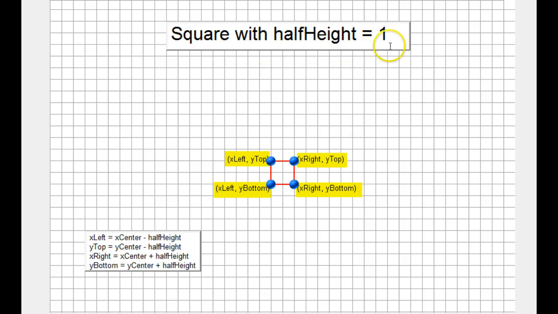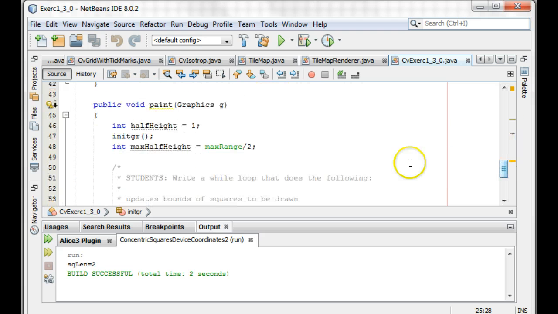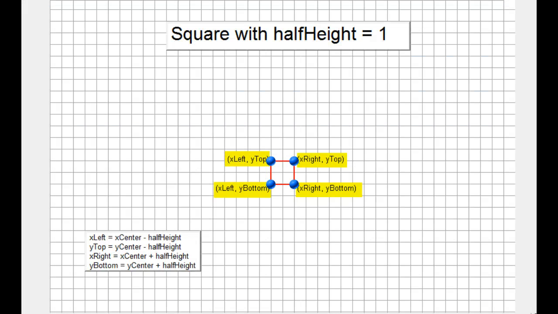So let's think about what we need to do to draw a square with half height equal to 1, because that's the first one in our paint programs. We're starting out with a half height of 1. If we look at these 4 points on the first square, in red here, what we want is for our top left vertex to be x left, y top.